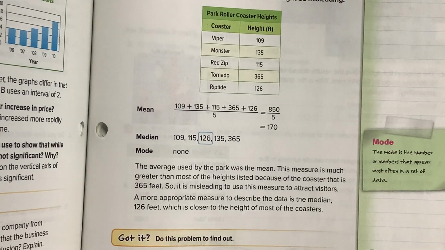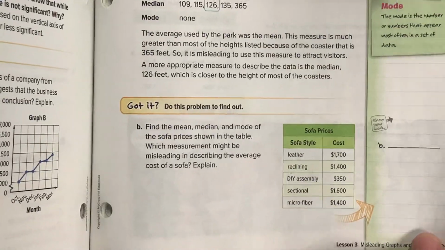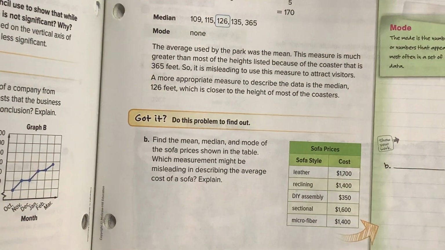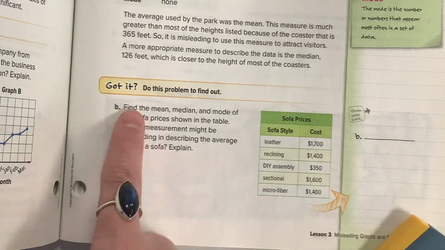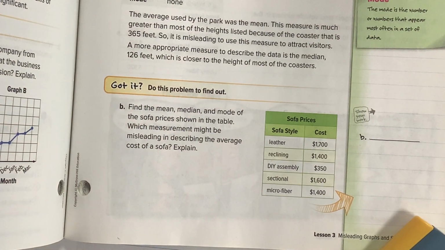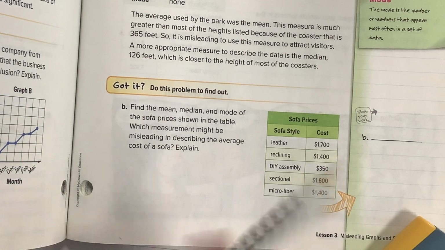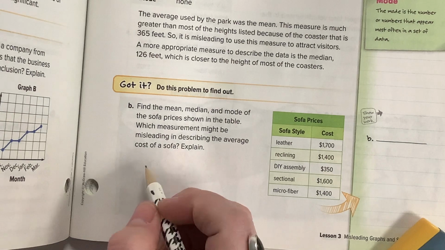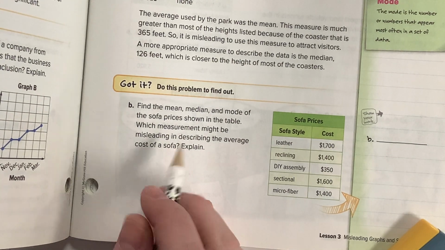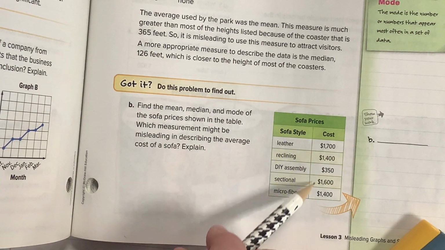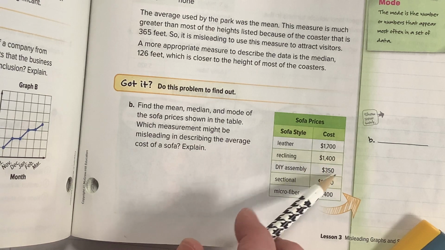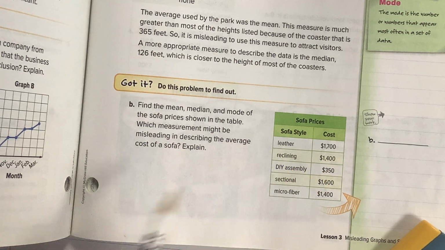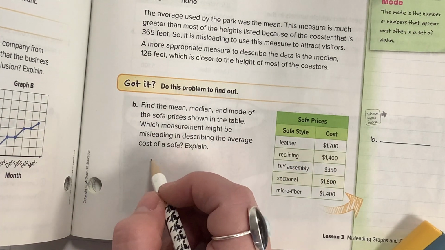Okay, so we can practice this one more time together. I'm going to get my calculator. It says find the mean, median, and mode of the sofa prices here, and then which measure might be misleading in describing the average cost of the sofa. So looking at this, can you see how we have an outlier? And so that's going to pull our mean, in this case, down.